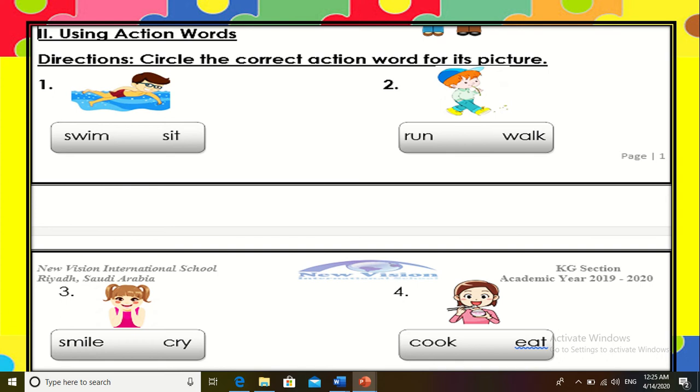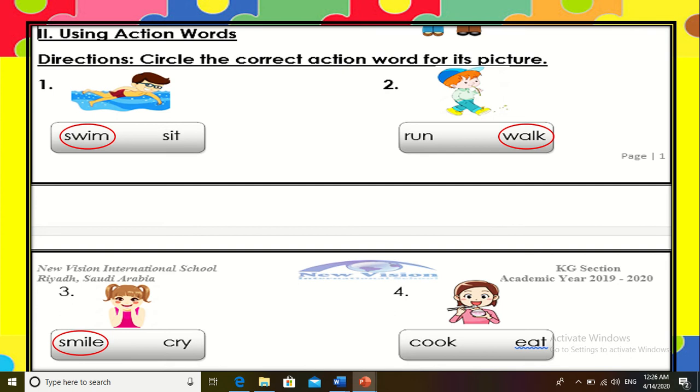Okay. Answer for number 1, swim. The boy is swimming in the pool. Next, number 2, walk. The boy is walking down the street. Number 3, smile.